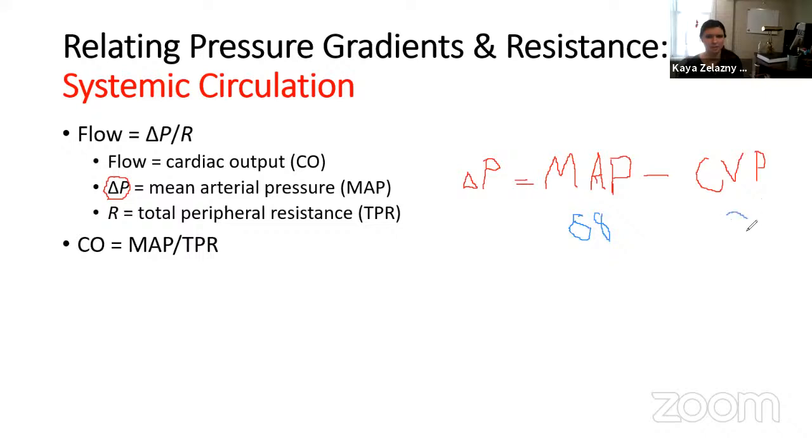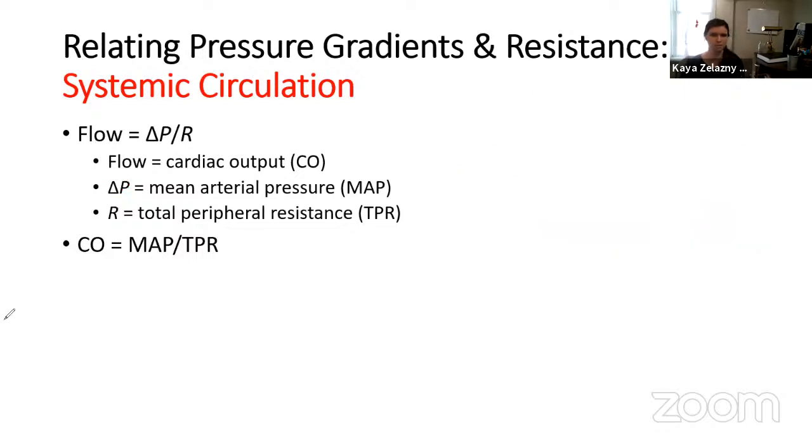Central venous pressure is only about 2. So we do an estimate and we just cancel that out, pretend it's 0, which means that we can just use our mean arterial pressure as delta P. So if that's confusing for you, how that became a difference, hopefully that helps clarify that a little. Does anybody have a question about that? Okay.